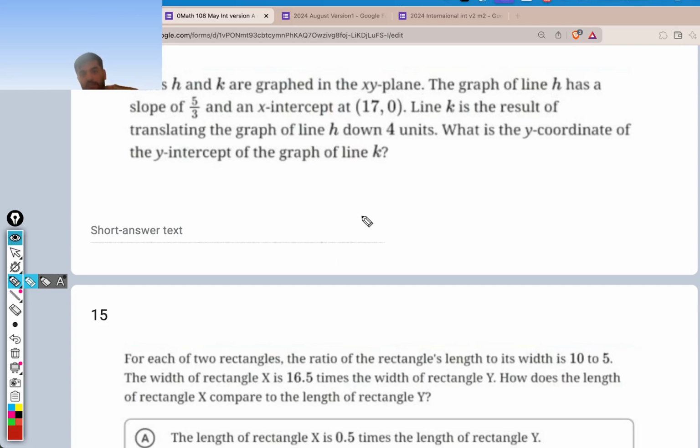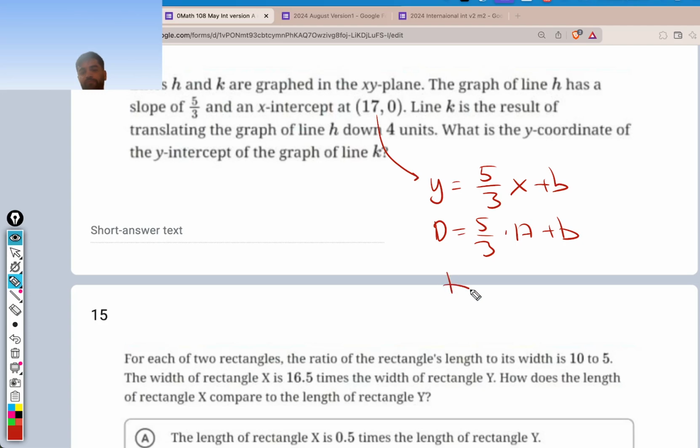Line H and K are graphed in the graph. Graph of line H has a slope of 5 over 3, so y equals 5 over 3x plus b. It says that x intercept is 17, 0, so put it here. It will be like that, 7, 0. And b is equal to negative 8, 5 over 3.